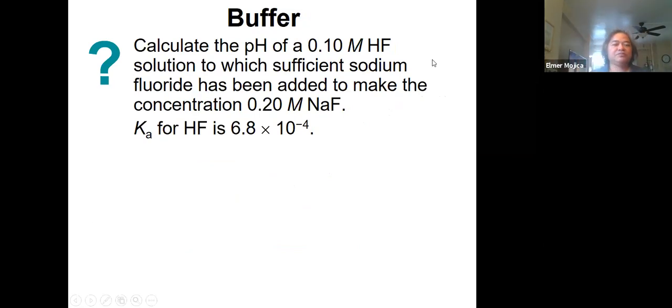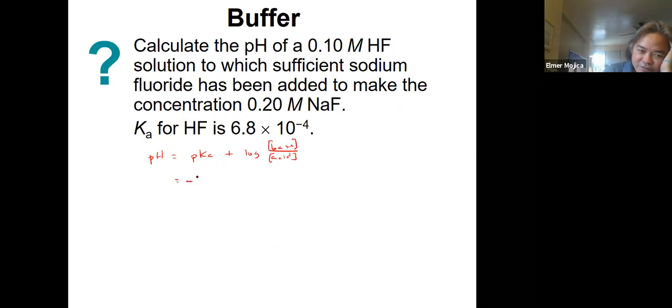So how do we solve this one? Again, we use pH equals pKa plus log of the base over the acid. Whenever the Ka is given, all you need to do is get the negative log of that 6.8 times 10 to the negative 4 plus log. So this is what we call the crucial part.